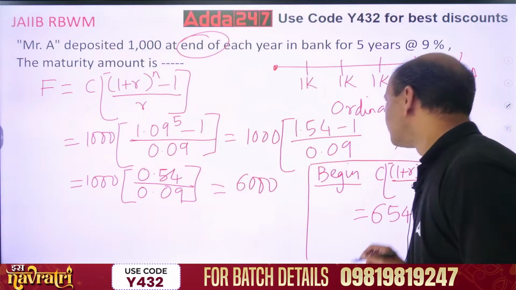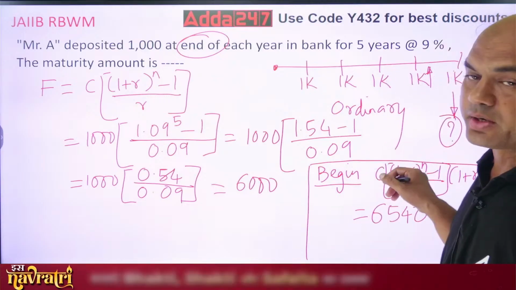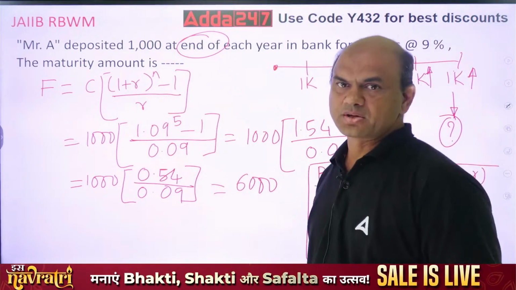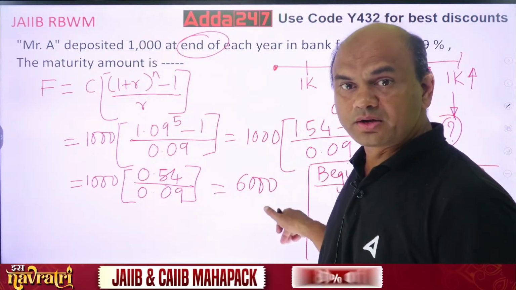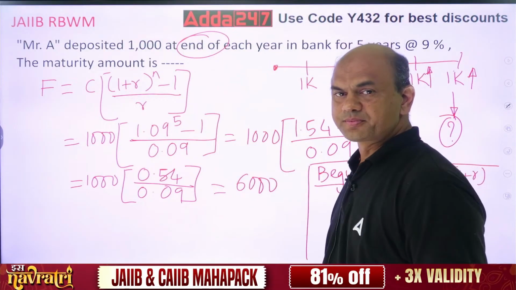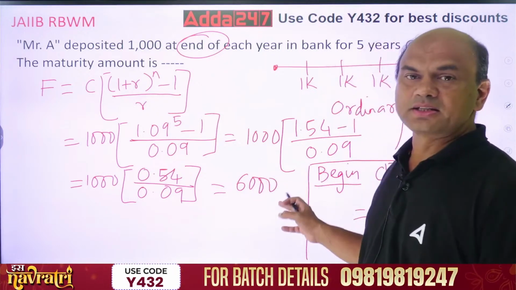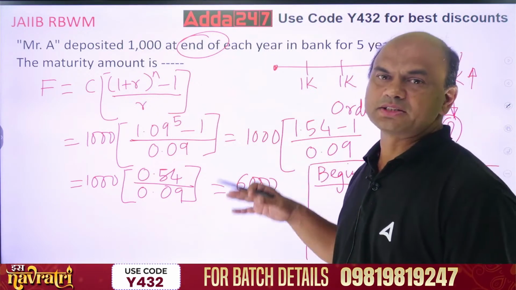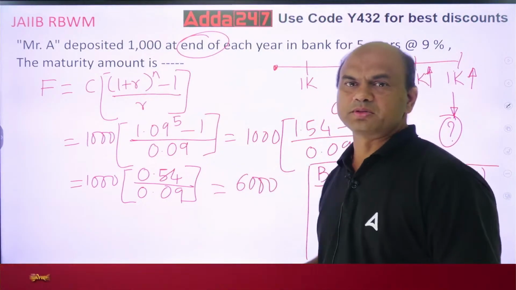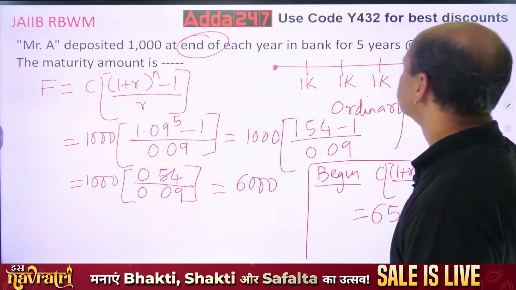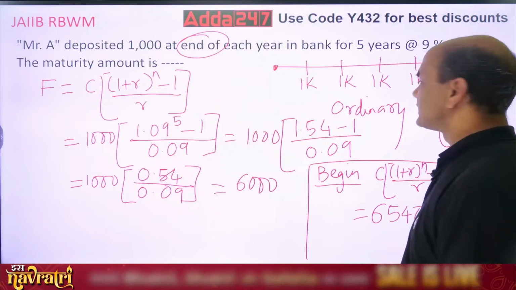This is at the beginning, for annuity due. Got it everyone? Clear? These questions are asked in your AFM as well as in your RBWM. Okay? Got it clear? Move on to the next.